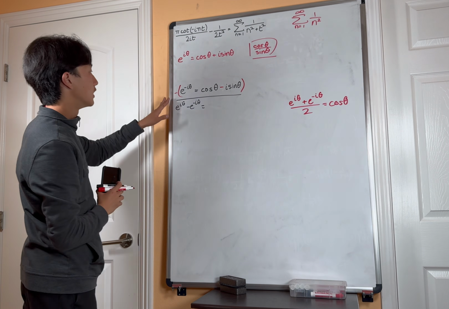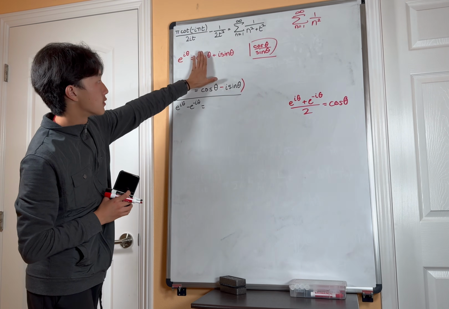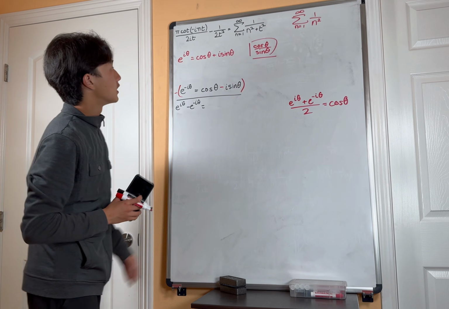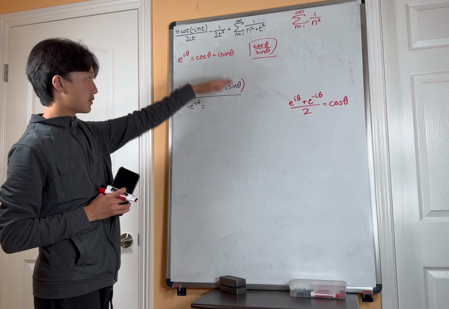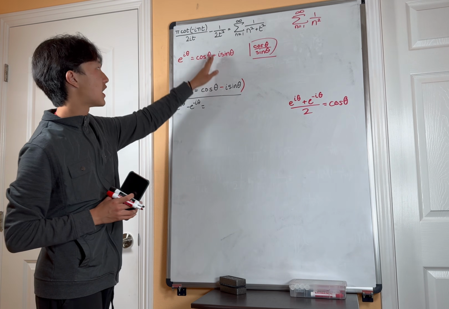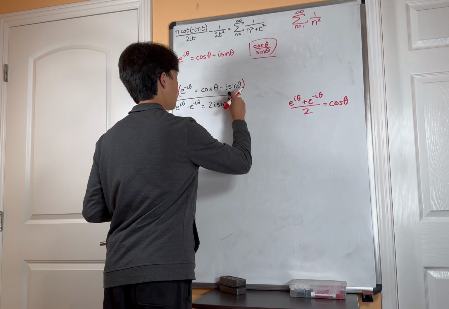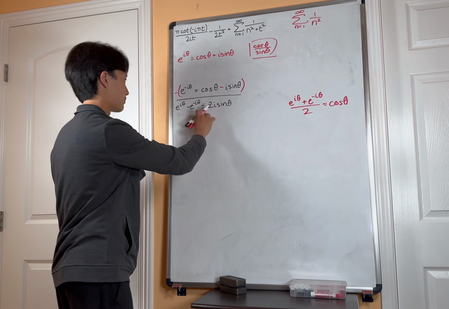On the right side, cosine minus cosine gives you 0. So this term now cancels out, and all we're left with is this right here. i sine minus negative i sine, that's just i sine plus i sine, right? Double negative makes it positive. i sine plus i sine is just 2i sine. And we're looking for a sine theta, right? That's the second part to this. So let's just go ahead and divide both sides by 2i.